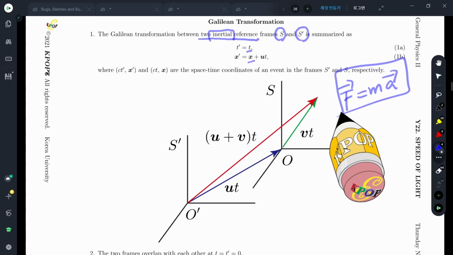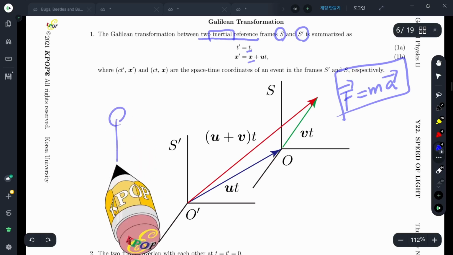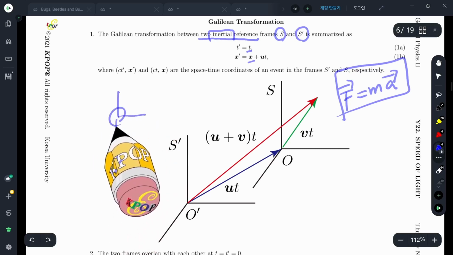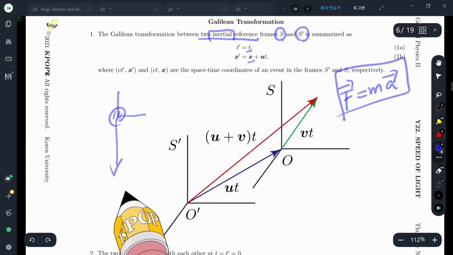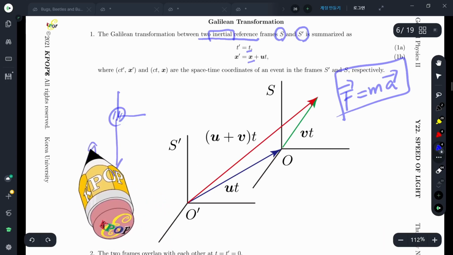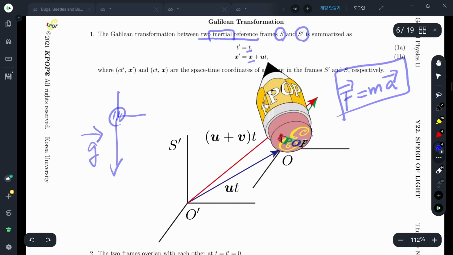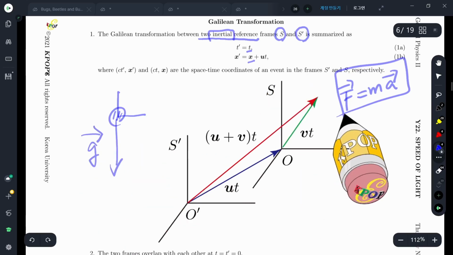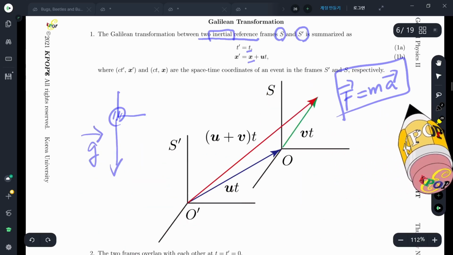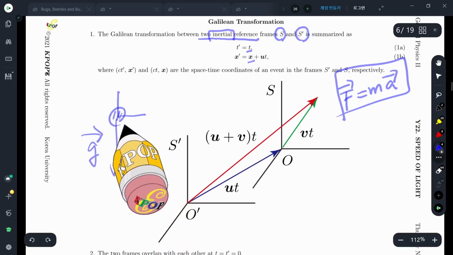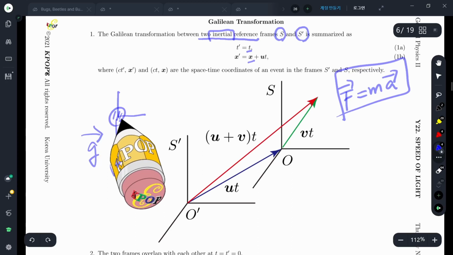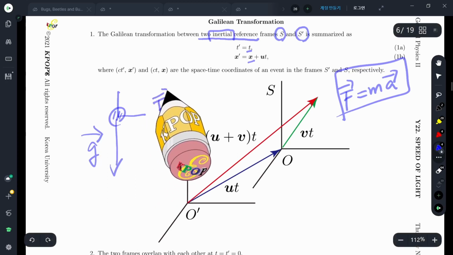An example of a non-inertial reference frame is a frame fixed to a falling body that is accelerating. In such a system, we cannot write F equals ma in this way because, for example, the falling body actually receives some force, that is F equals mg.